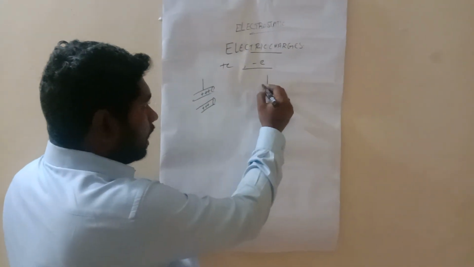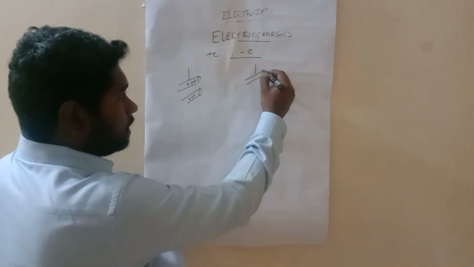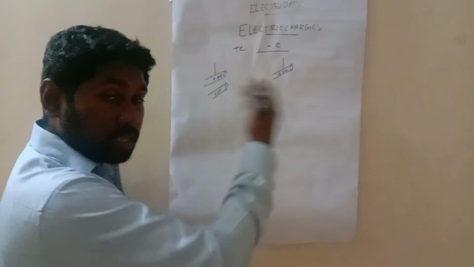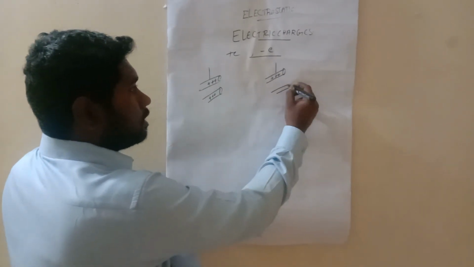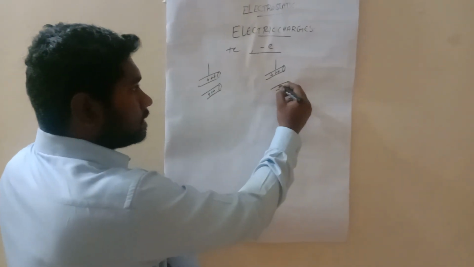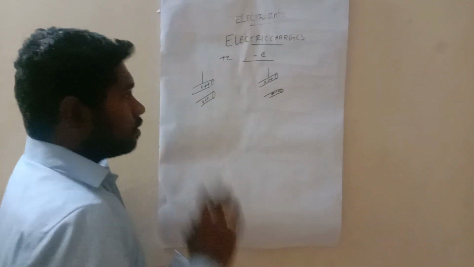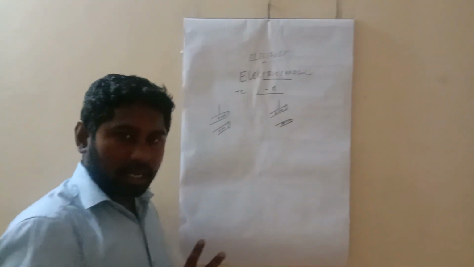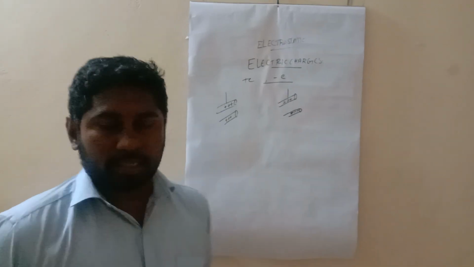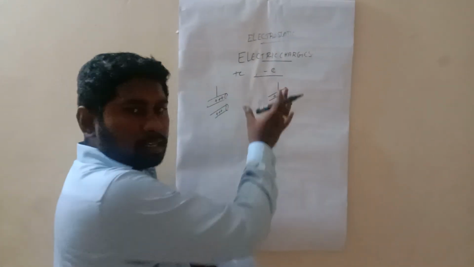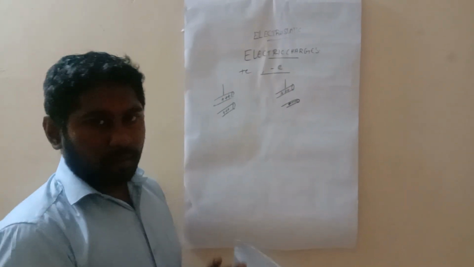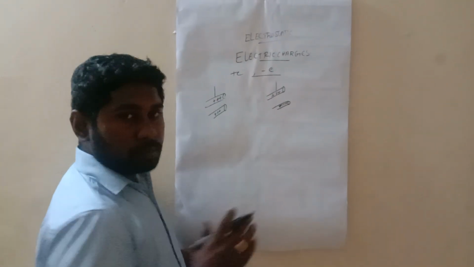And one glass rod with positive charge and an ebonite rod with negative charge, when close together, get attracted. From this we conclude there are two types of charges, positive electric charge and negative electric charge. Based on these things, one scientist named Coulomb defined a law, called Coulomb's law.